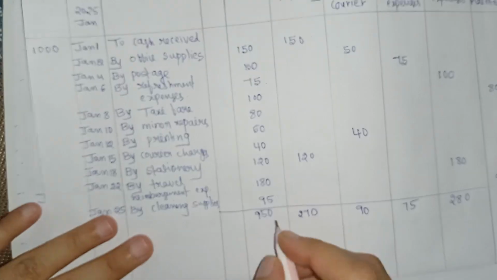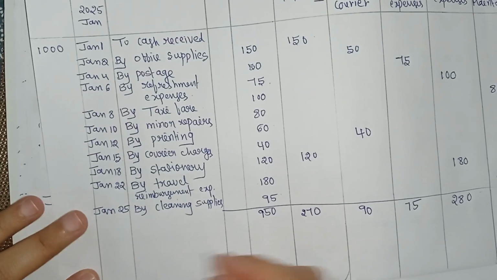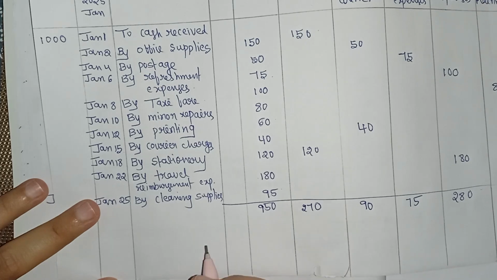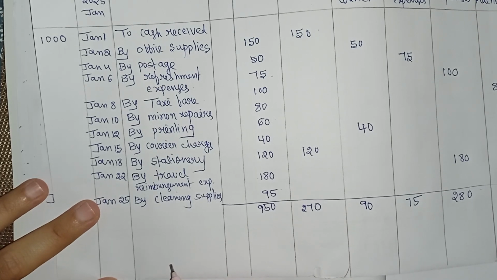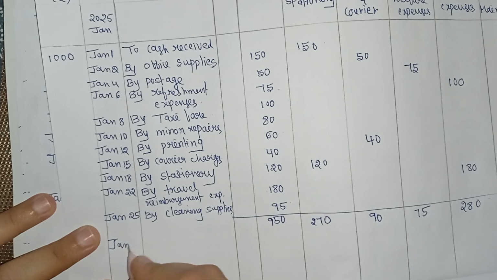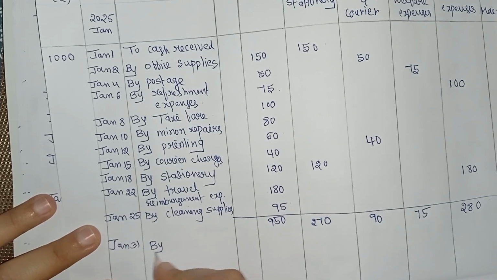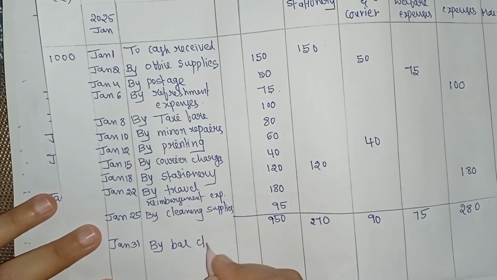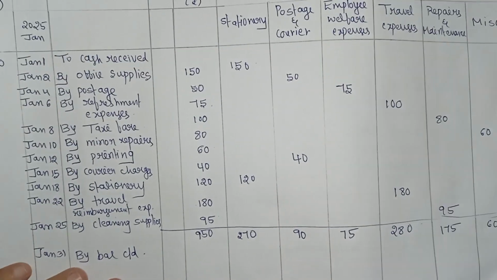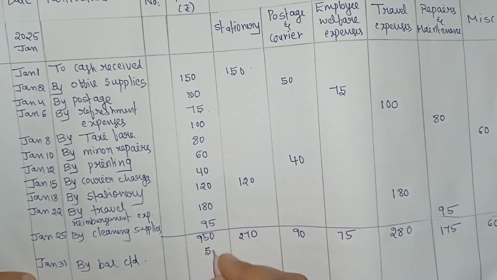Okay, now what we have to do is, the remaining balance in the petty cash book, that is on Jan 31st, by balance carried on, that is rupees 50.